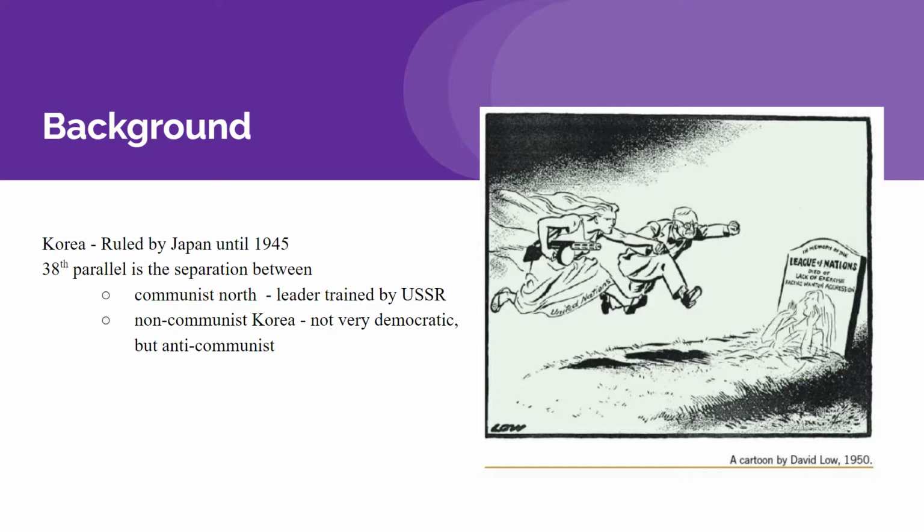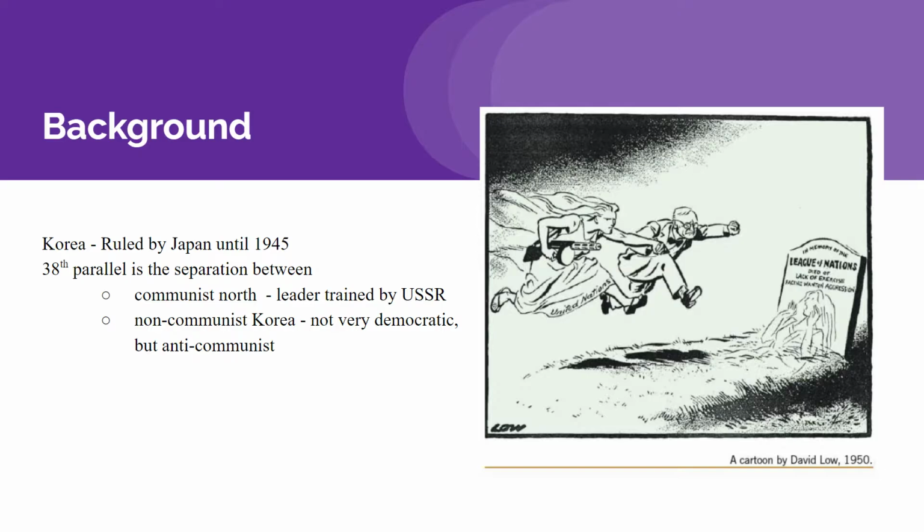Okay, before we can really understand a war, you always need to understand what happened before the war, which set up why the war happened. So Korea was first ruled by Japan until 1945, and I'll show you a map shortly of where Korea is.